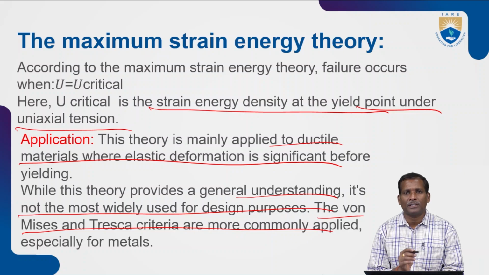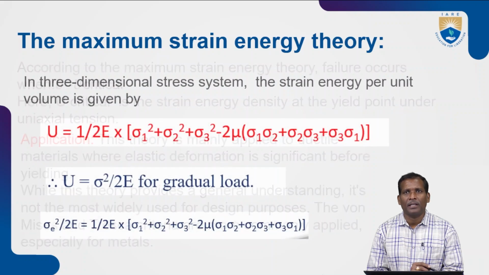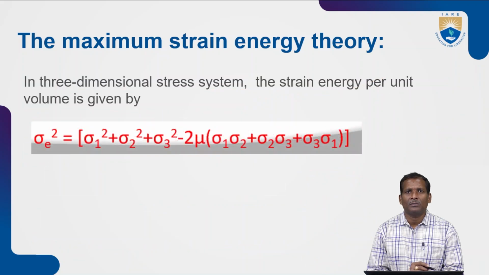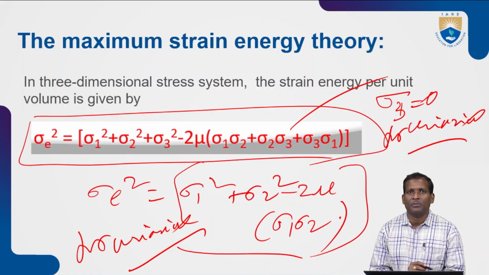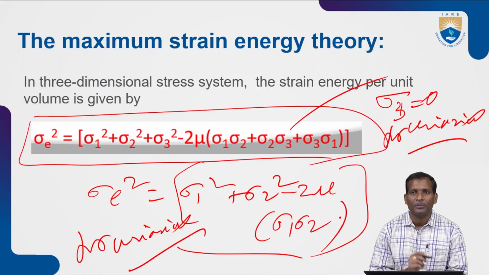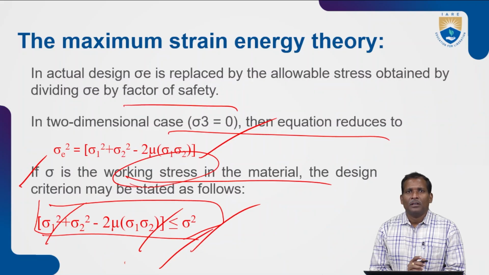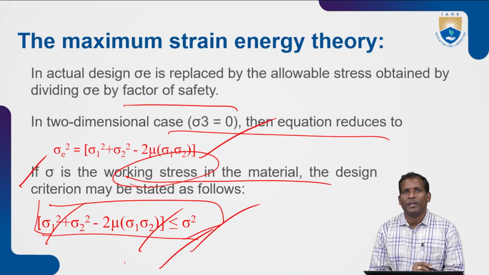The test criteria are very important. We also discussed the strain energy per unit volume equation for the three-dimensional stress system, and the factor of safety used in actual design. Dividing the yield stress by the factor of safety, we get the allowable stress.